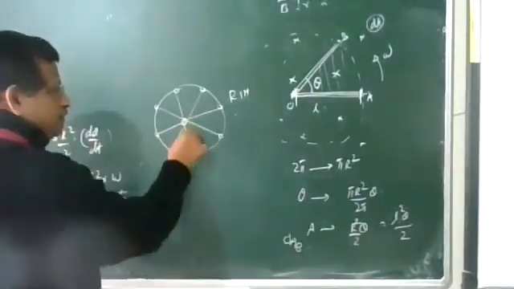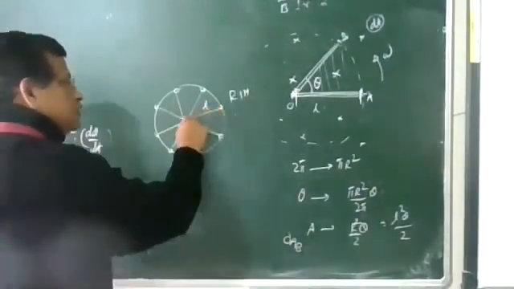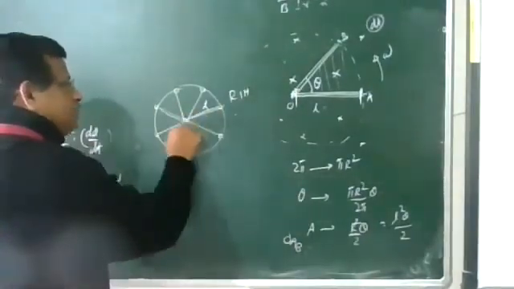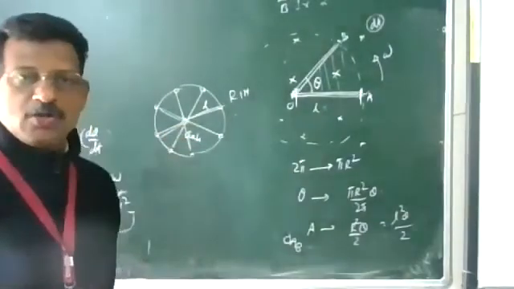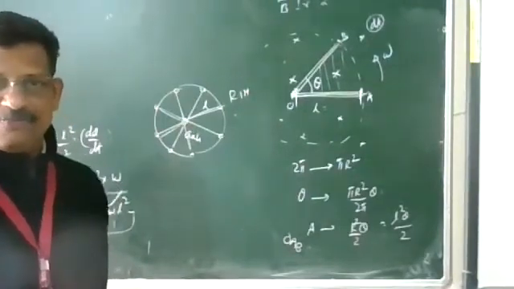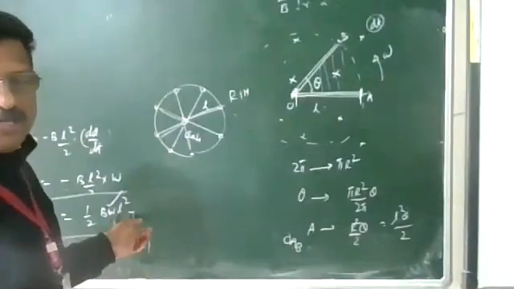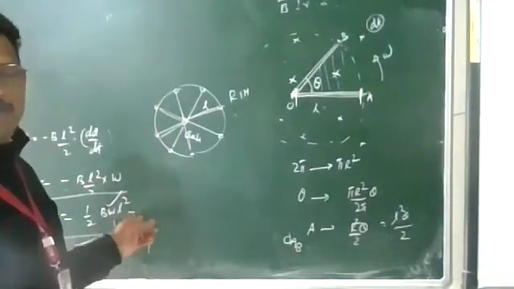This is the axle. So many are connected in parallel, and the EMF produced will be the same because all are connected. Suppose there are 10 spokes. What is the total EMF? The total EMF value will be the same, half B omega L square.